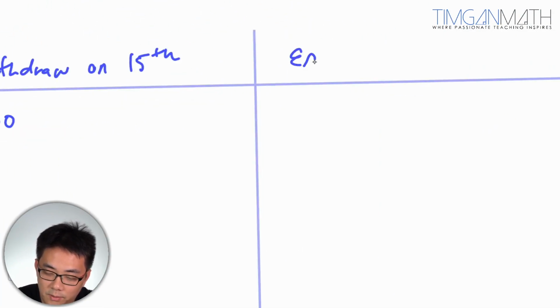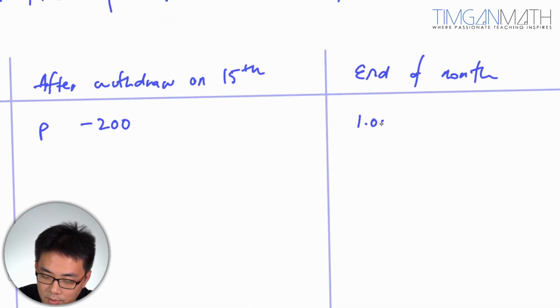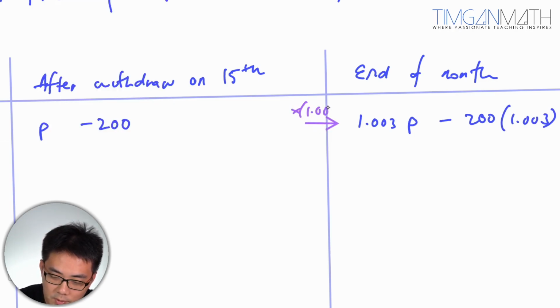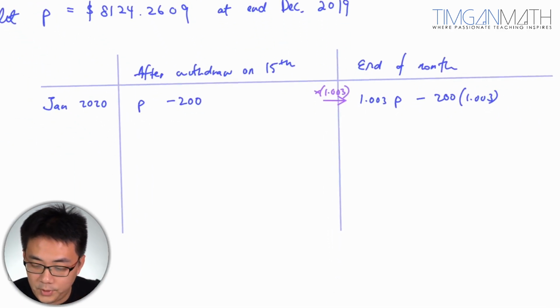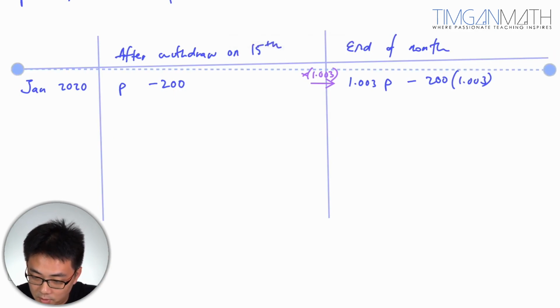Then at the end of the month, we get multiplied by 1.003. So P minus 200, times 1.003. Okay, just remember that whenever you cross here, this is multiplied by 1.003. Good job. After which, what we need to do is actually the same thing. We're going to, sorry, it's a bit slanted.